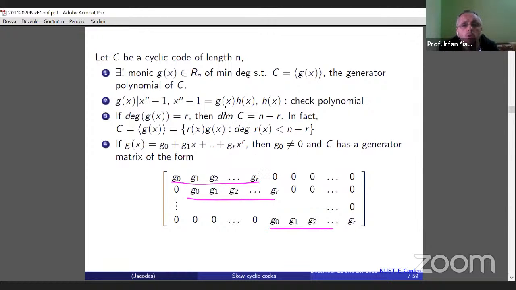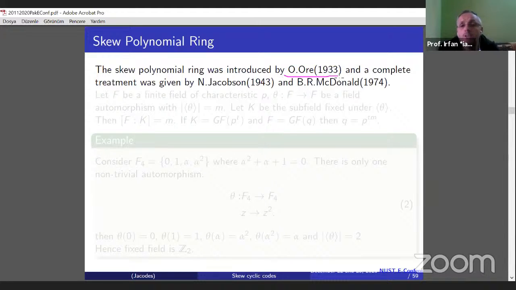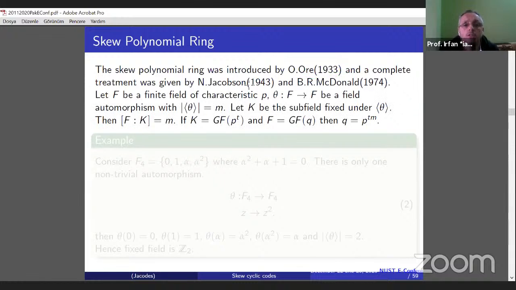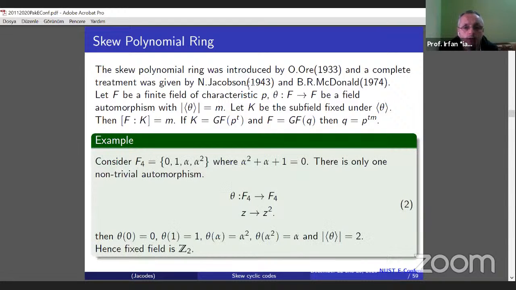Okay, and now we go back to the skew polynomial ring, and we can find information. This is a nice book regarding the non-commutative case, because there are challenges over there too. So in order to define this ring, first let me give an example of a map that we need.